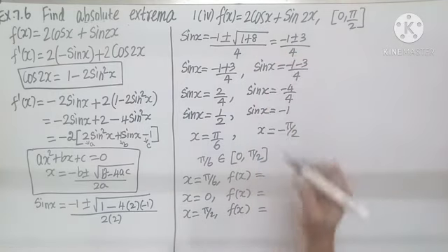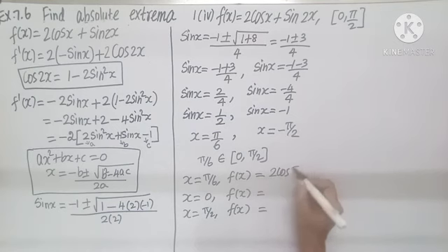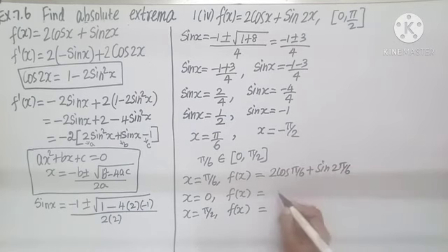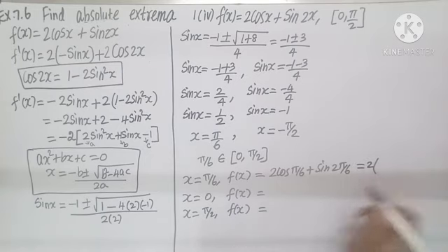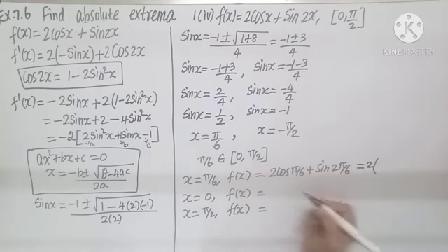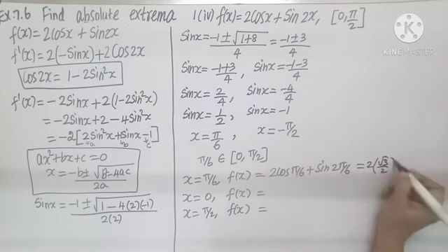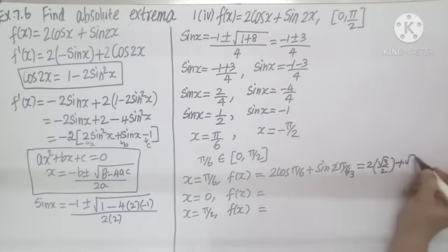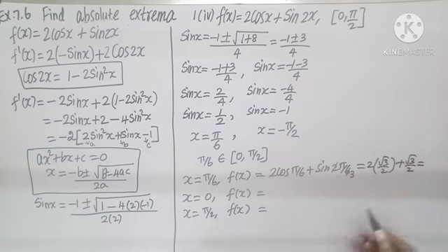Substitute in f of x: 2 cos pi by 6 plus sin 2 into pi by 6. 2 cos pi by 6 value is root 3 by 2, 2 I can cancel. Sin pi by 3 is also root 3 by 2. Together, this is 2 times root 3 by 2, plus 1 time root 3 by 2. Together it is 3 root 3 by 2.